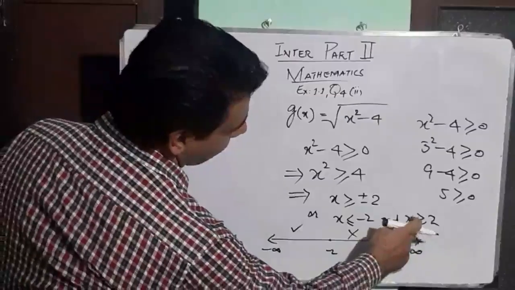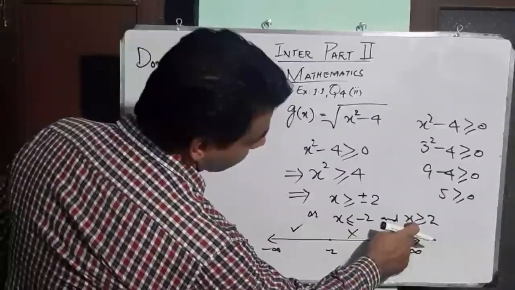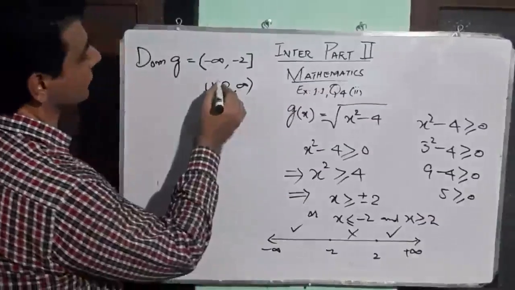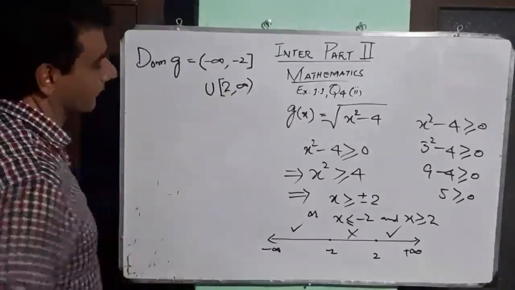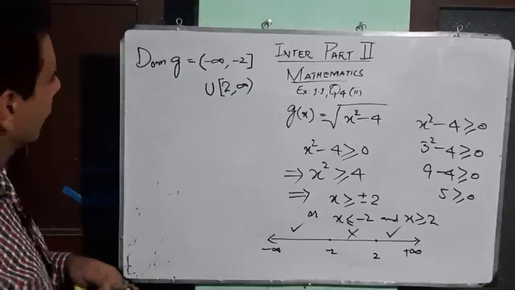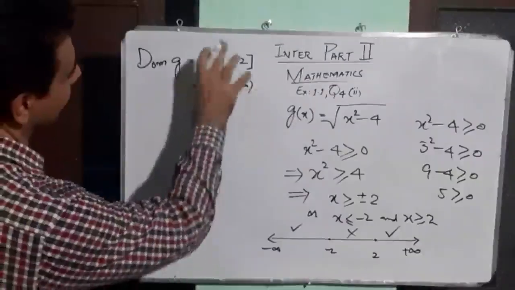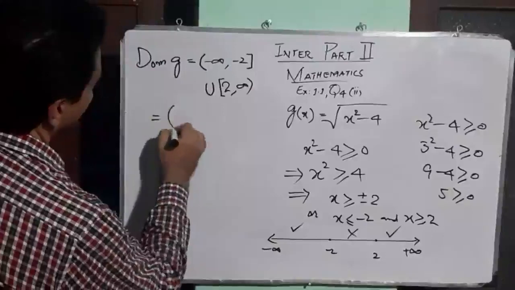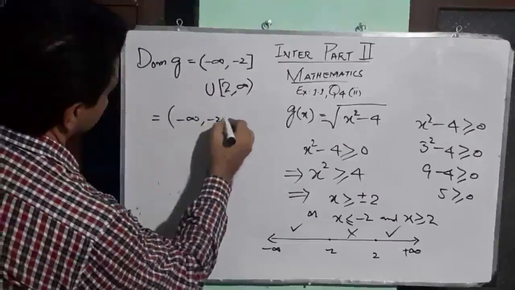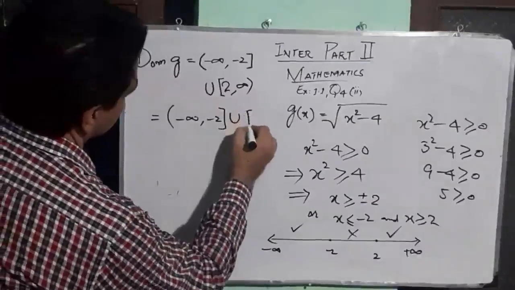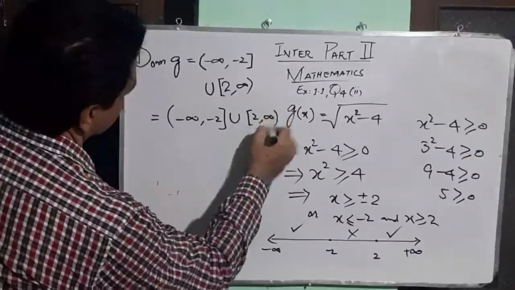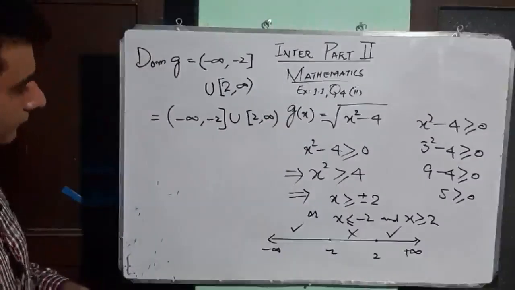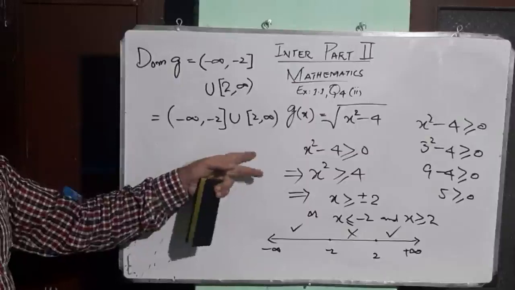Here also greater than or equal to, equals means we will use the square bracket. So it has mixed up here, I will write it in only one line. So this is the domain of this radical function.